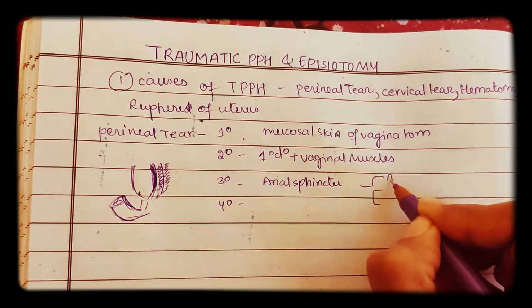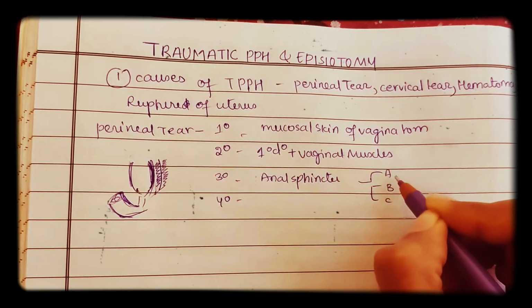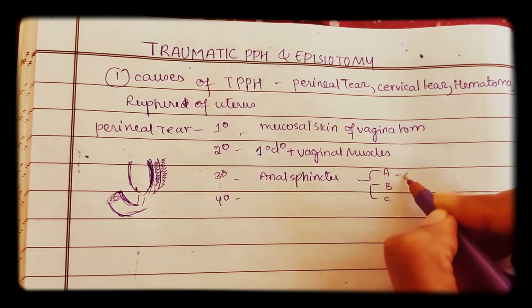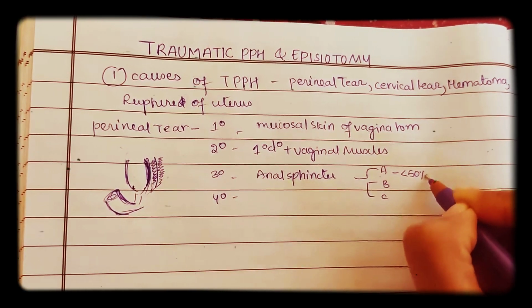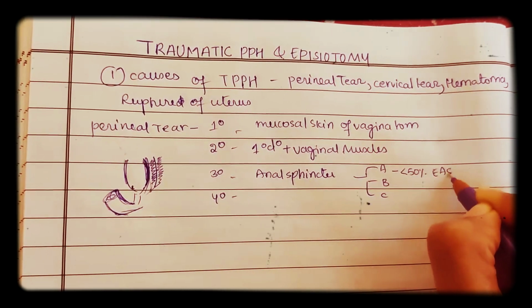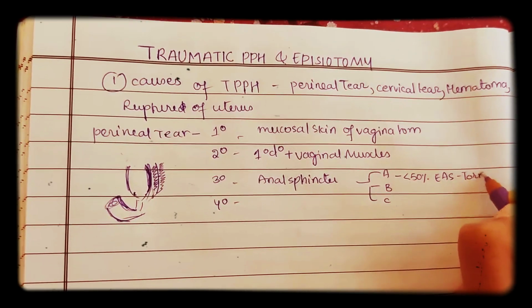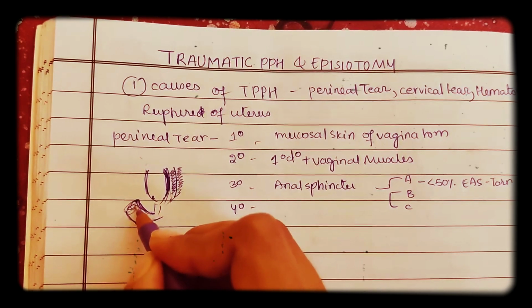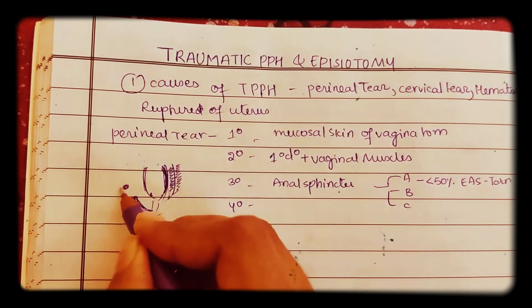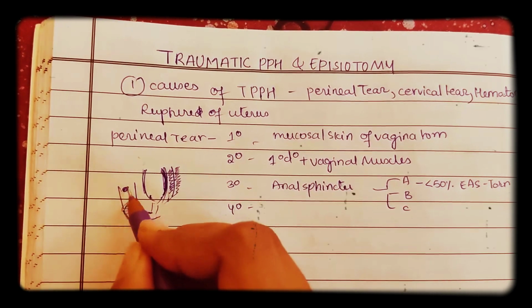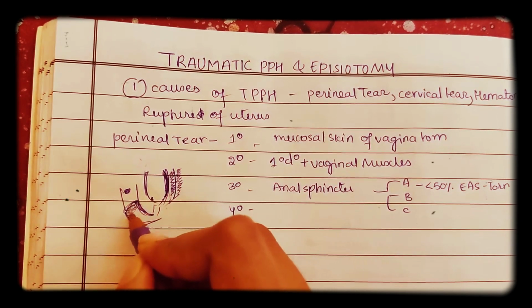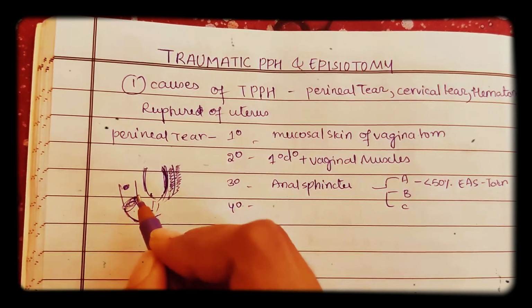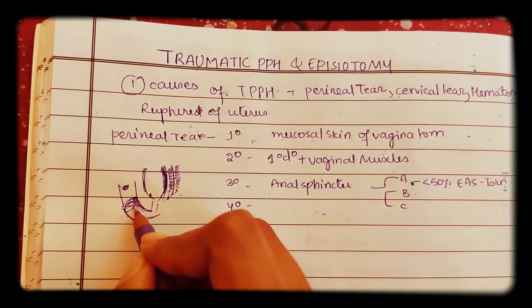The first one is A, the second one is B, the third one is C. A means here less than 50% of the external anal sphincter has torn. You know that the anal sphincter is divided into external anal sphincter and internal anal sphincter. For example, this is the internal one, this is the external one. So in the A type, especially the external anal sphincter has torn.